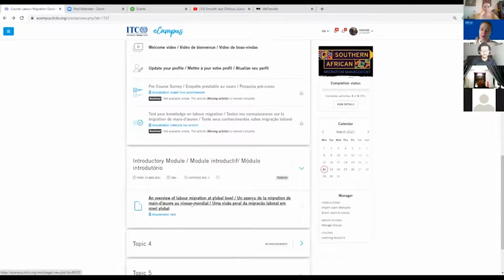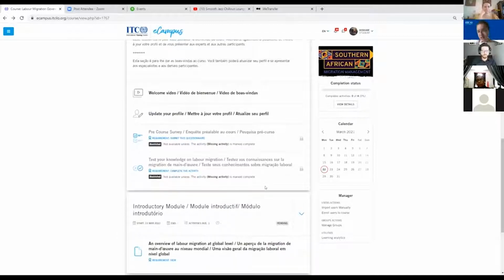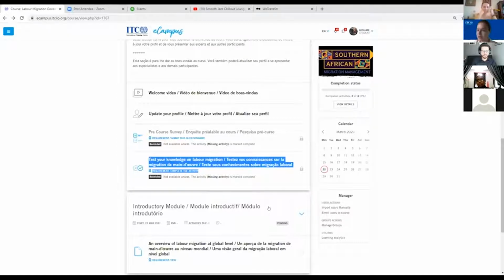Second and very important point, to validate your information and to obtain your certificate of completion and participation, you will have to complete tests and assignments. So in order to obtain the certificate, you will need to be connected and work on the platform, because at the end of each week, you have quizzes to complete.